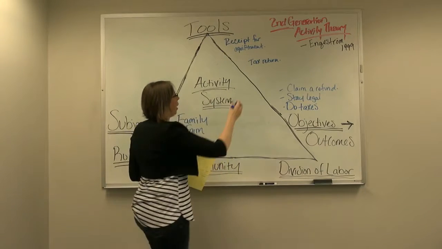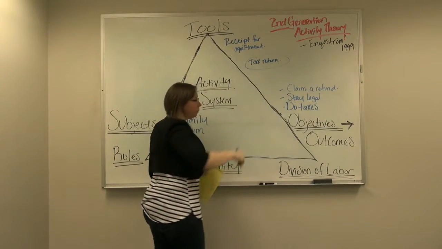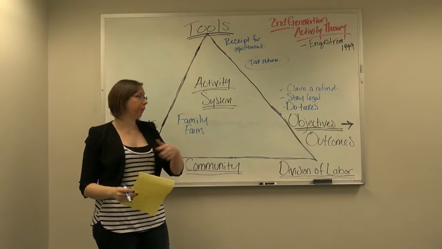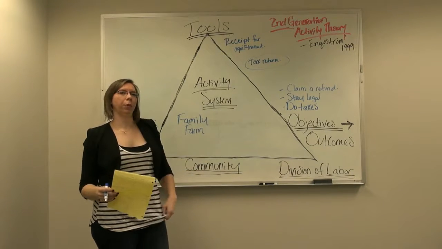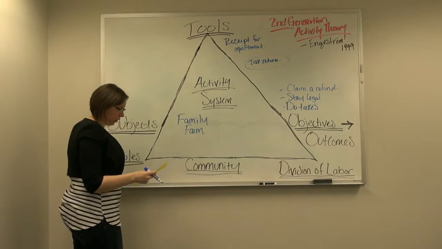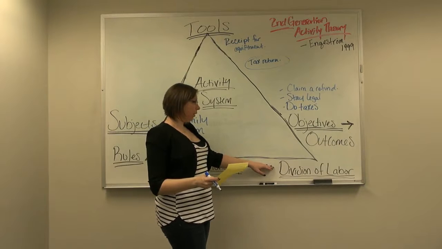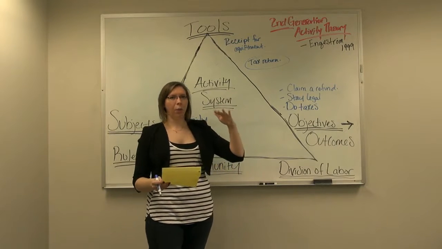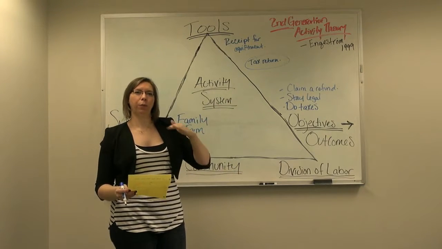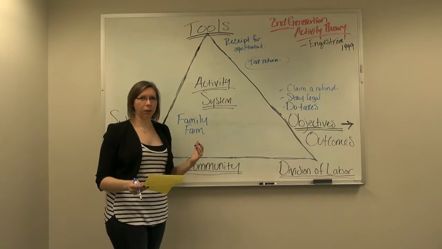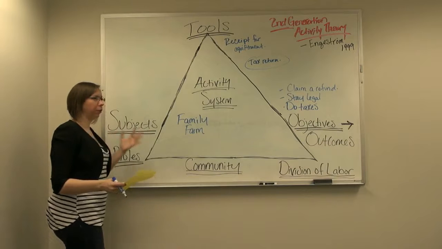Alright, so if we're thinking about this piece of writing here, there could be all kinds of objectives for doing that, for the farmer and for some outside community members, which we'll talk about in just a second. So, division of labor. What does this document say about where this farmer falls into rank? Now, this is a particular kind of activity system where, by the time we get to the subjects, who's here?